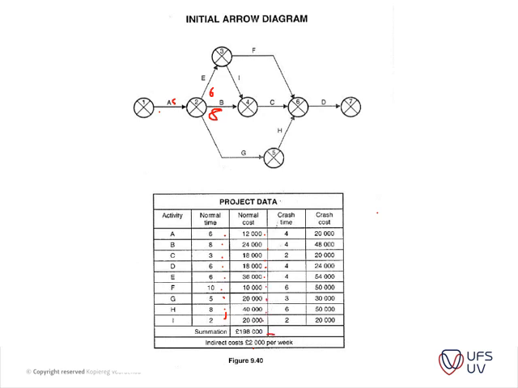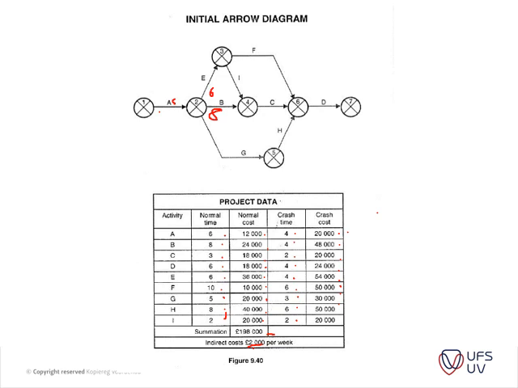It is the total cost, excluding the 2,000 per week, and then your crash time for these items is given here, and then your crash cost next to that. So to decrease item A to 4 days, it will cost you 20,000 pounds extra to do the work.